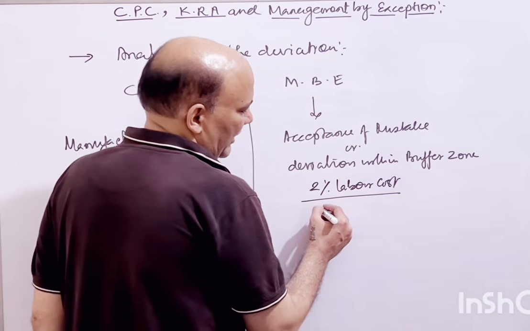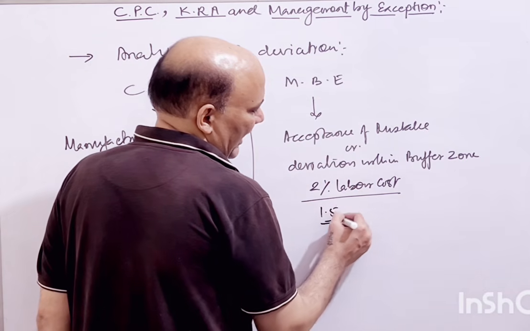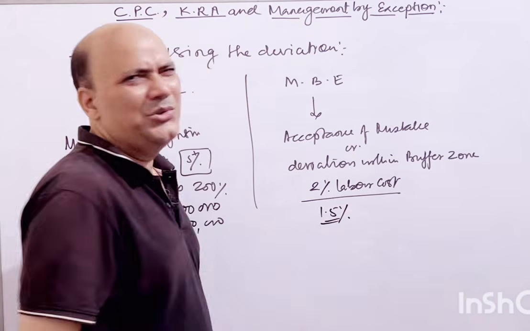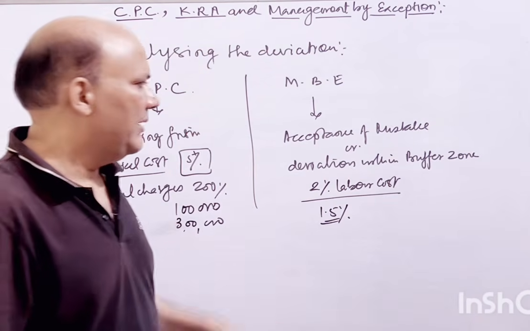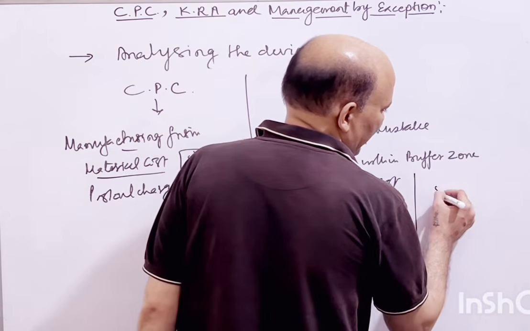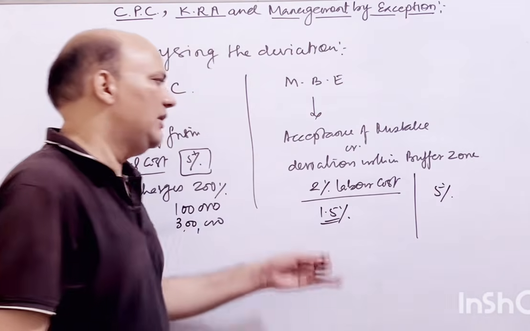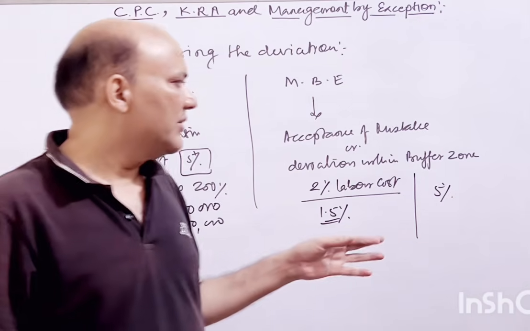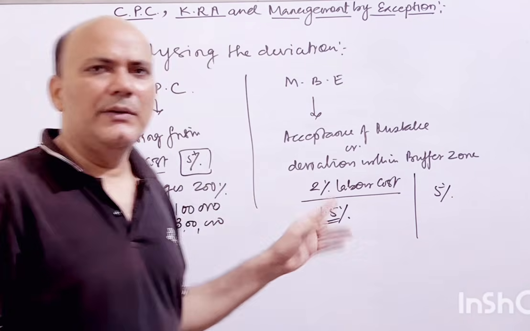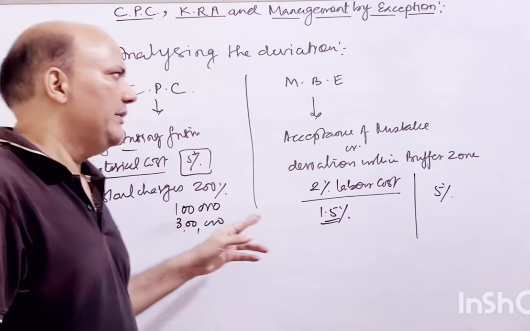So if that increases, let's say 1.5% in actual, they are not going to take it into consideration, they will be happy with that rather, right? But if that increases by 5%, obviously they will come into the picture and try to understand why this is increasing by 5%, right? And they will try to find out the corrective action plan for that.